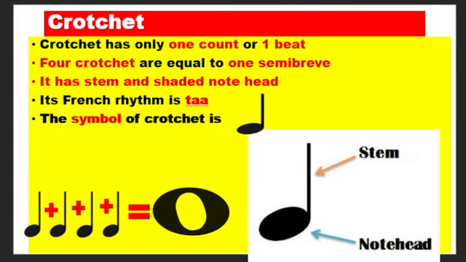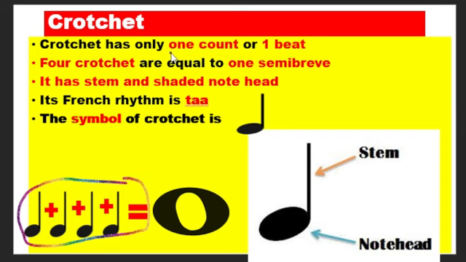So we look at the crochet. Here is the crochet. As I have mentioned, 4 crochets make 1 semibreve. These are my 4 crochets.